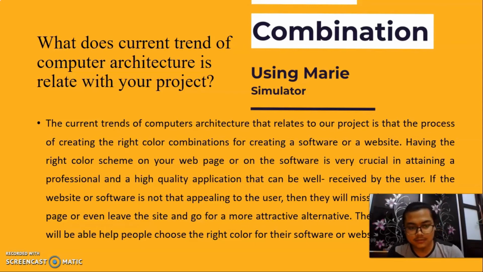Having the right color scheme on your web page or software is very crucial in attaining a professional and high quality application that can be well received by the user. If the website or software is not appealing to the user, then they will just miss the content and leave the site. Therefore, our project will be able to help people choose the right color for their software or websites. Thank you, that is all from me.